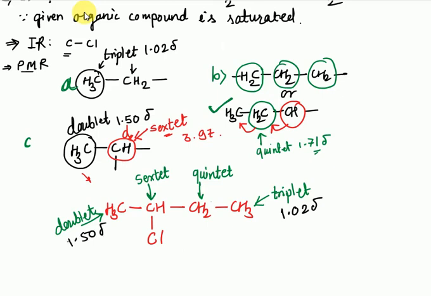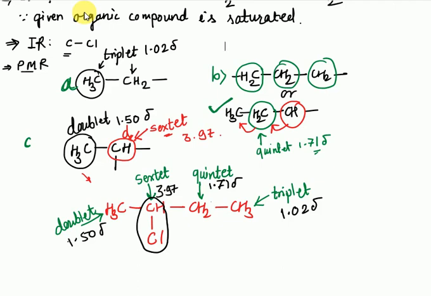This sextet shows at 3.97 delta value, and the quintet we get at 1.71 delta value. So this is a perfect structure for the given spectroscopic information, and all data are matched here. And the IR value suggests the stretching frequency for the carbon-chlorine bond.